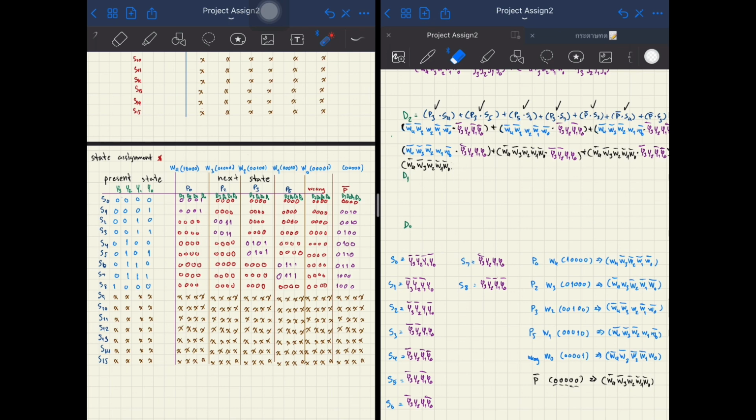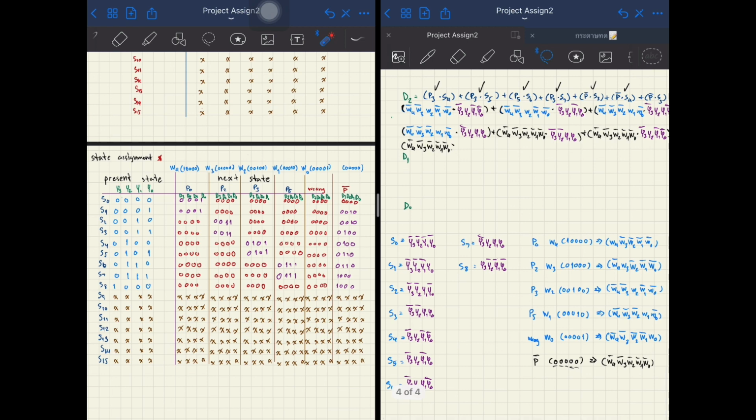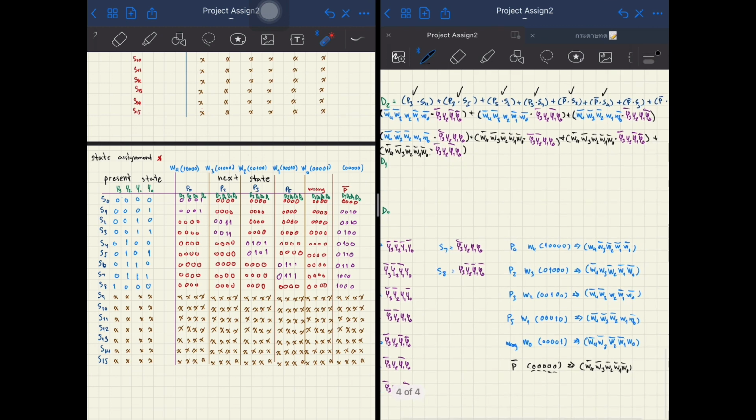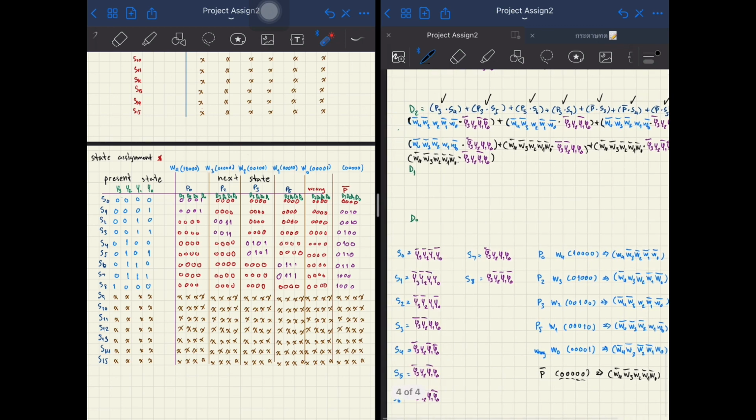And with state 5. Okay, so we check it, and then the last term, right?